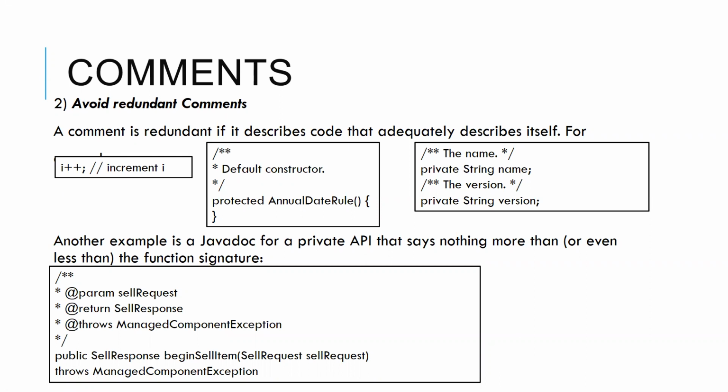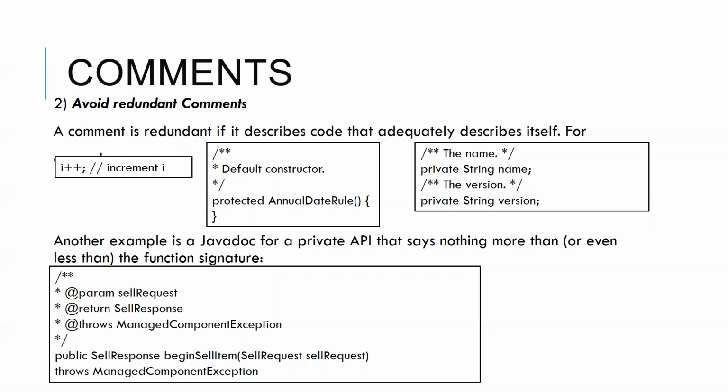Also, let's say you've defined a constructor which does not take any argument, then writing a comment which describes it as a default constructor also does not make much sense. Similarly, if you look at the code on the right hand side, there are two variables, name and version, defined.